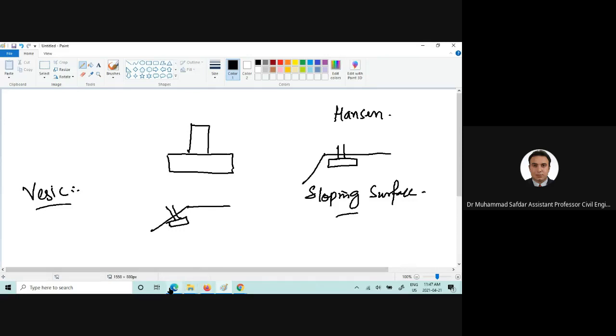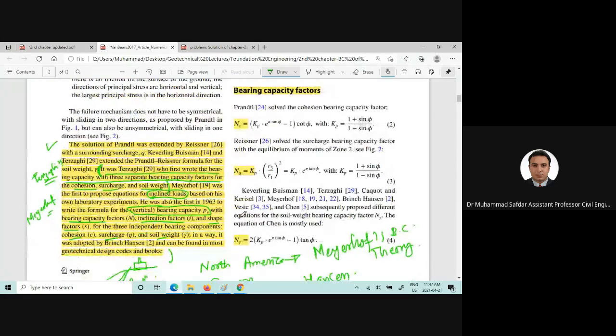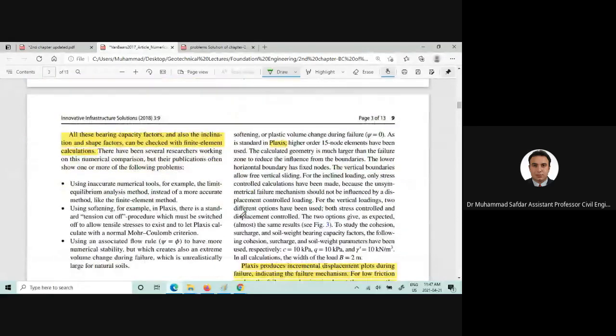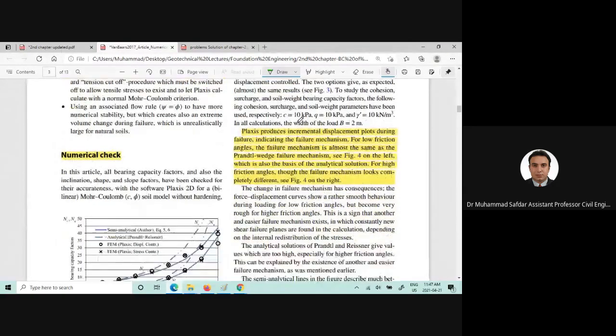How bearing capacities were derived, what the parameters are on which these bearing capacities depend, and all these bearing capacity factors and also the inclination and shape factors can be checked with FEM calculations. And then he compared it with the Plaxis software.